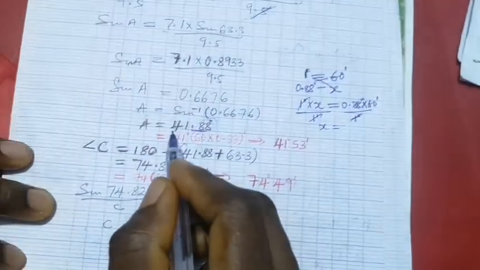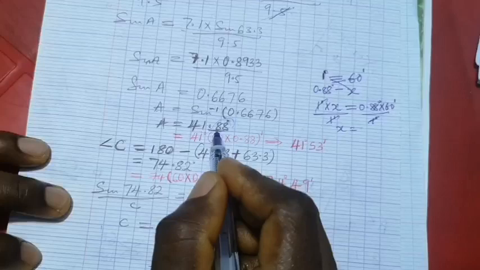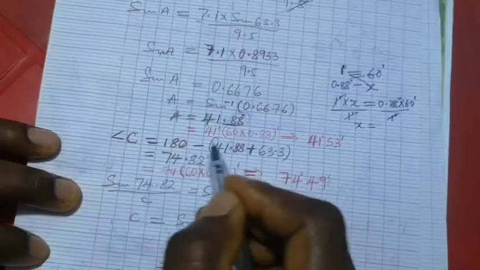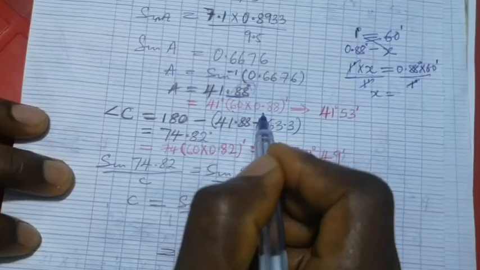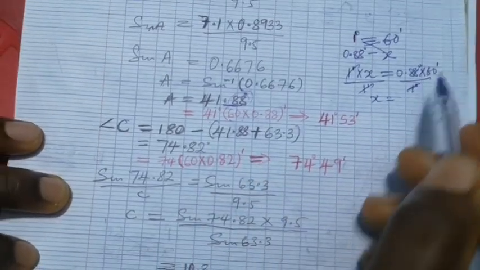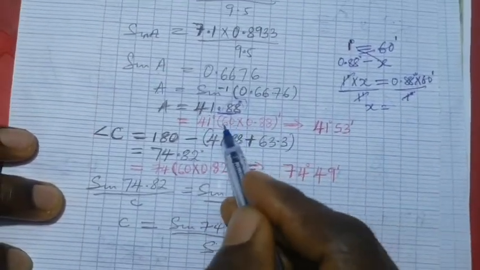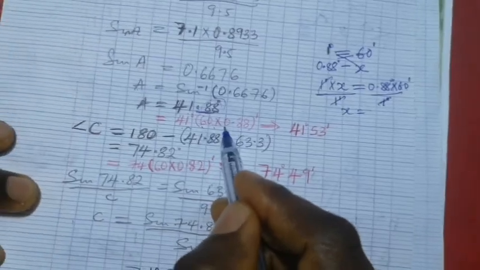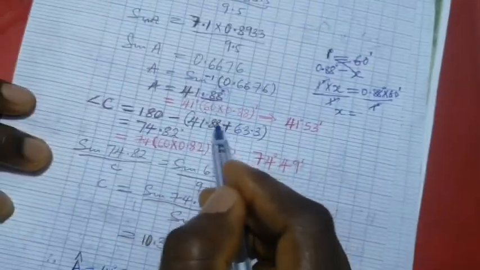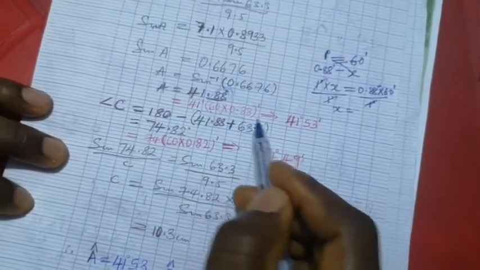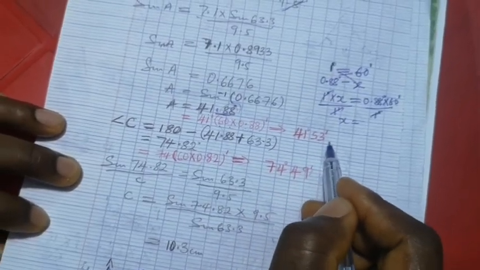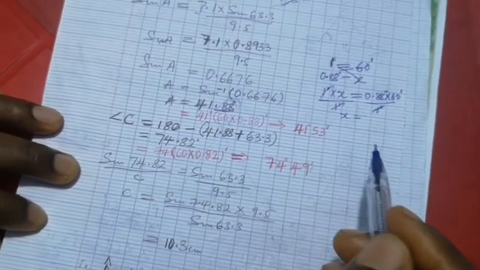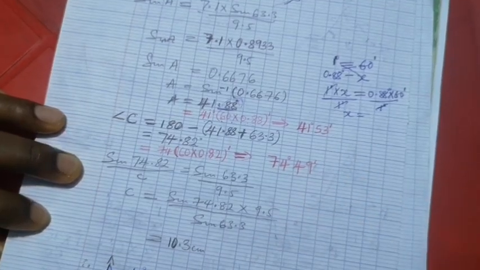So instead of writing 41.88 degrees, we will now write 41 and 60 times 0.88, which is what I have here. Then if you multiply it, 60 times 0.88 approximately will give you 53, so that everything will now become 41 degrees 53 minutes, okay?